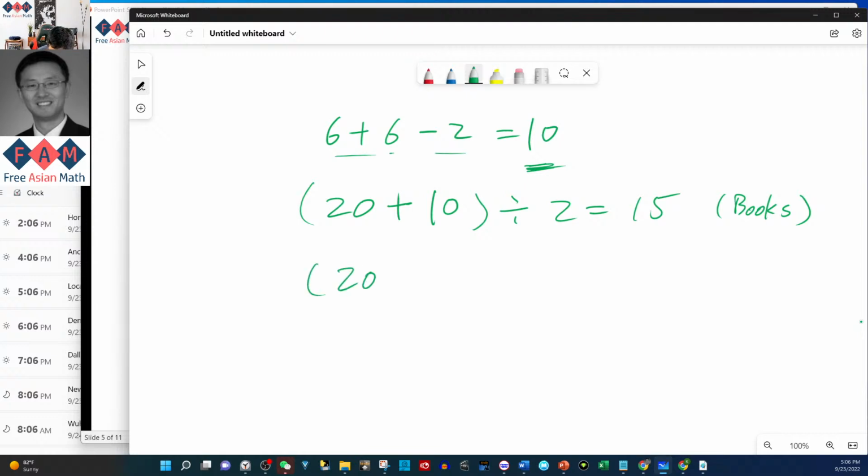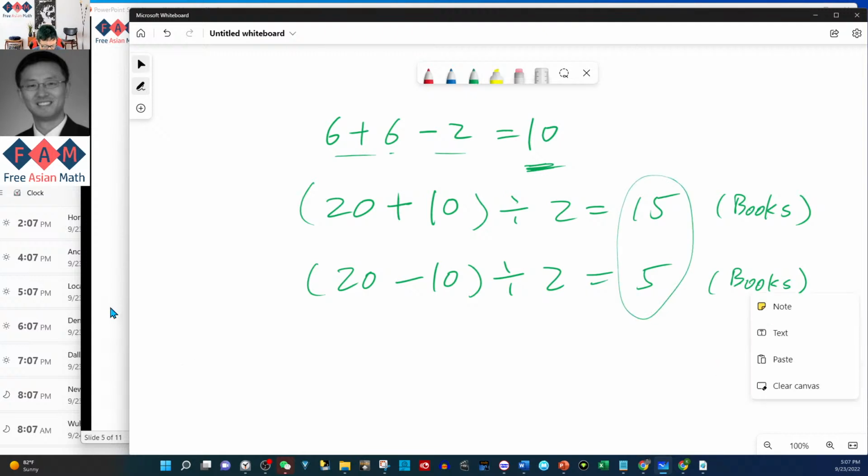Of course, it's 20 minus 10 divided by 2. And this is 5 books. If you're not convinced, just imagine what if Aaron now gives Albert 6, then Aaron has 9, and Albert would have 11. That's exactly the situation where Aaron has 2 less books than Albert has. So we solved the problem.